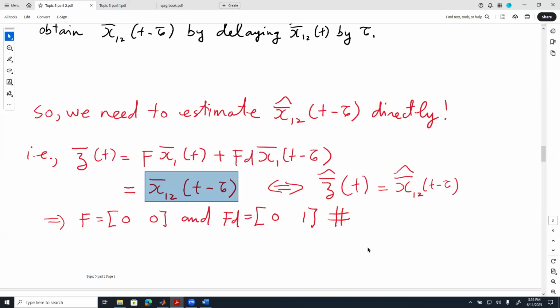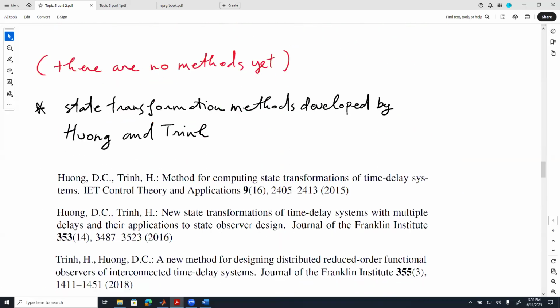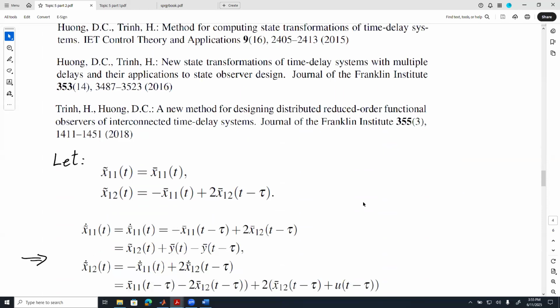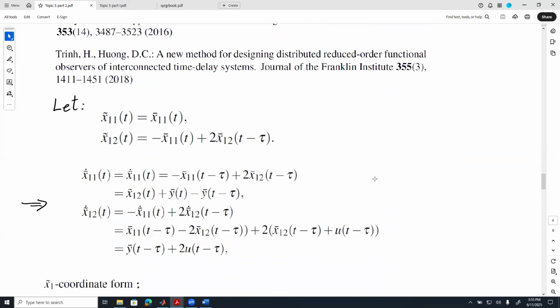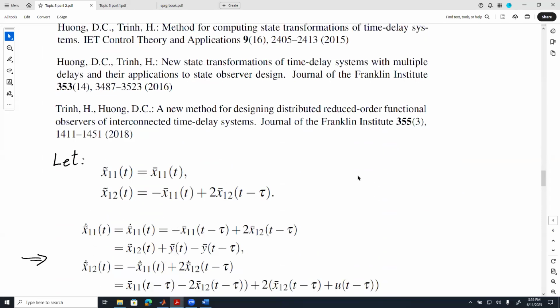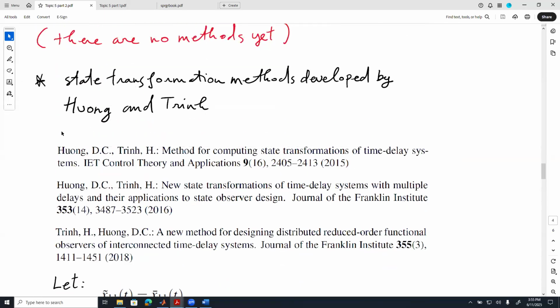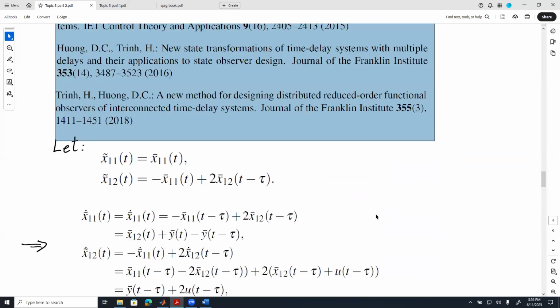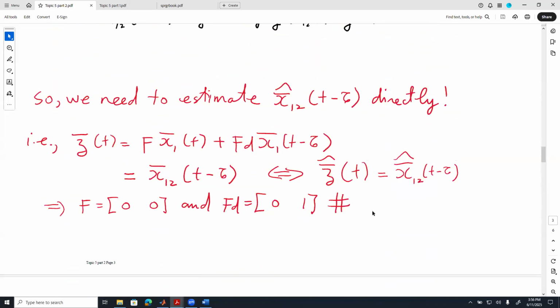But that involves tedious algebraic manipulations. In the following is just a brief explanation of the potential that one can do by using these methods to realize the estimation of a delay stack variable.